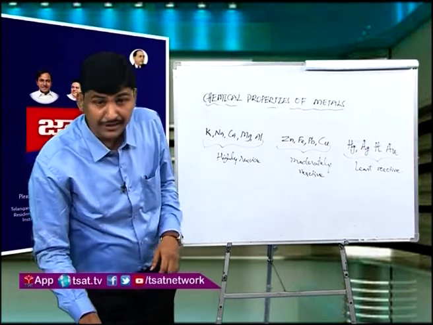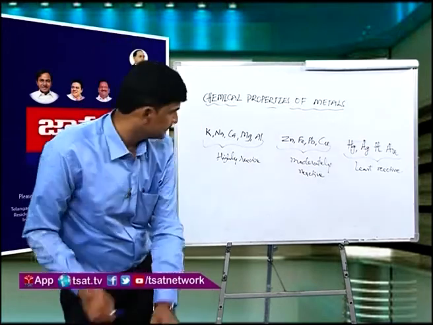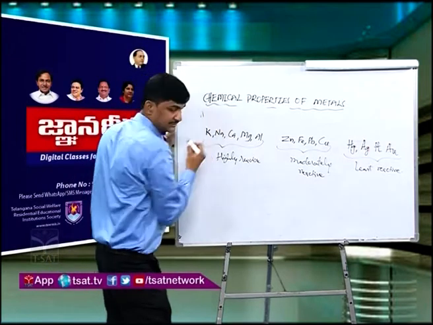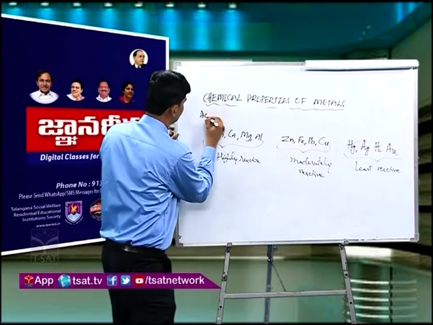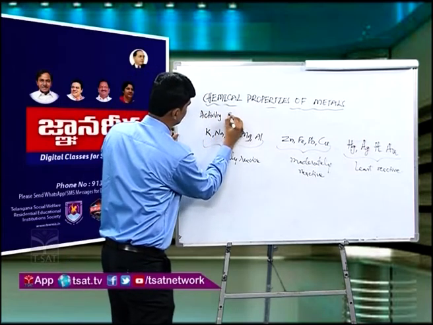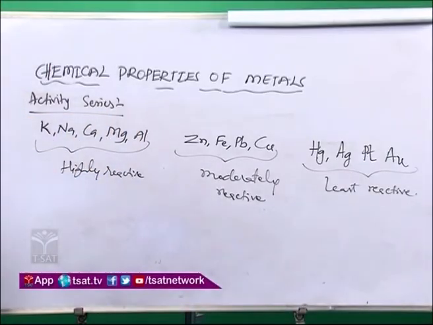So in this way, from the chemical properties of metals, we can conclude this activity series. This is called the activity series.